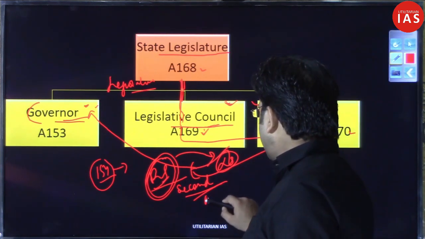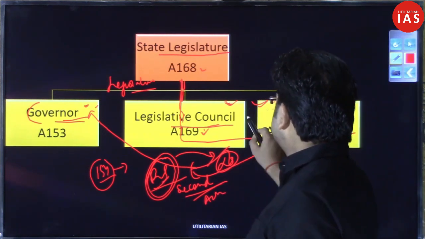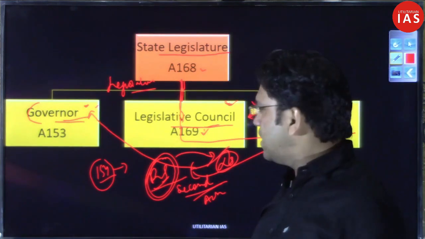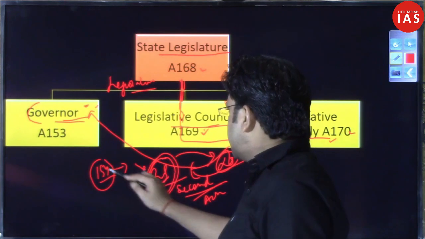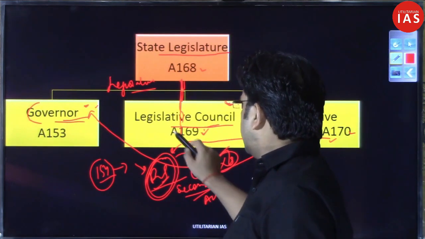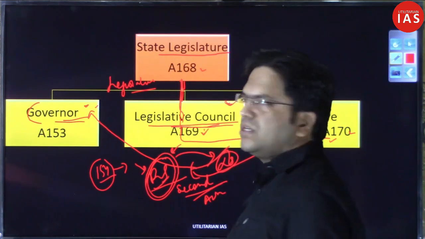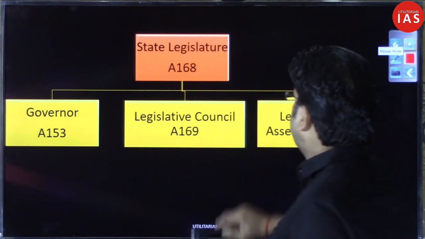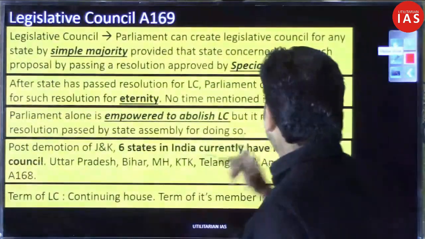Then it prevents the autocracy of the legislative assembly or Lok Sabha at the central level. So whatever discussion we had about the objective behind the creation of the Rajya Sabha, a similar objective you can copy paste into the legislative council.